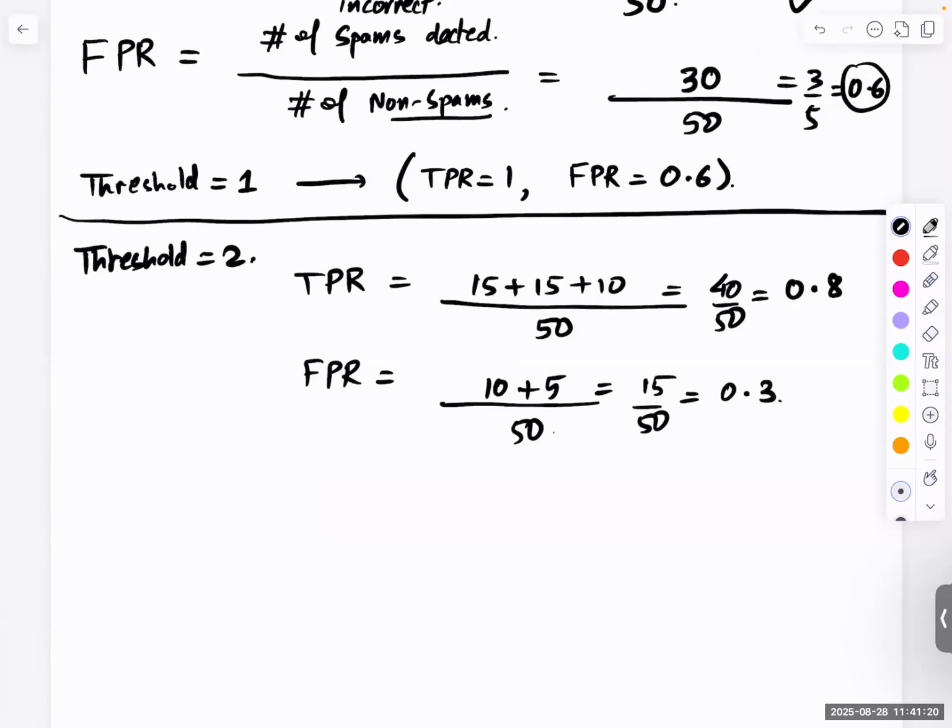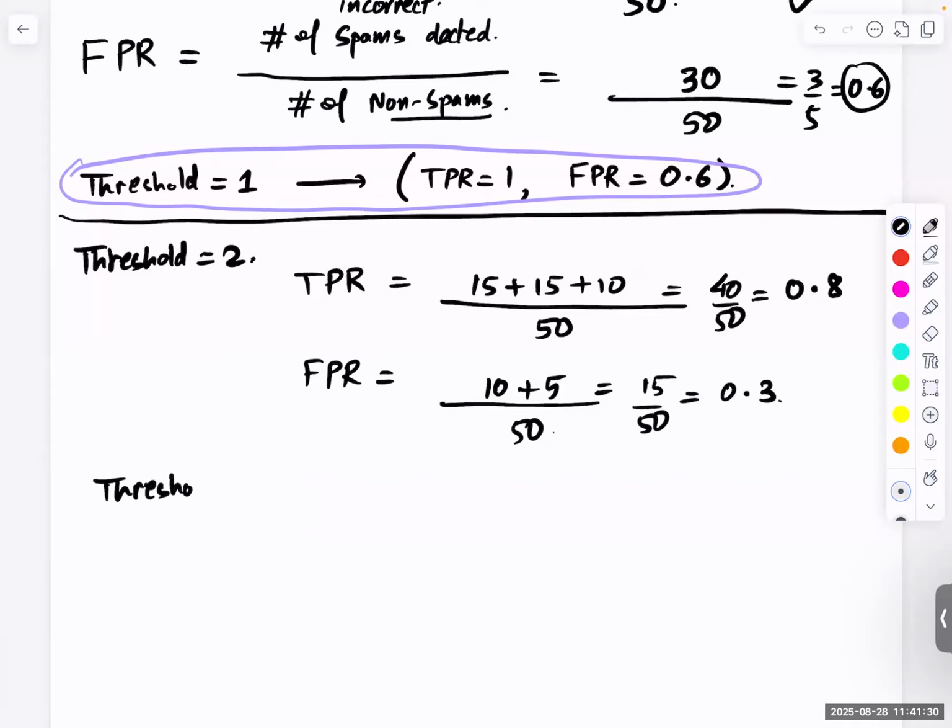Okay, so here is the summary so far. If I use a threshold of 1, I get this TPR, FPR pair. If I pick a threshold of 2, then I get TPR of 0.8 and false positive rate of 0.3.